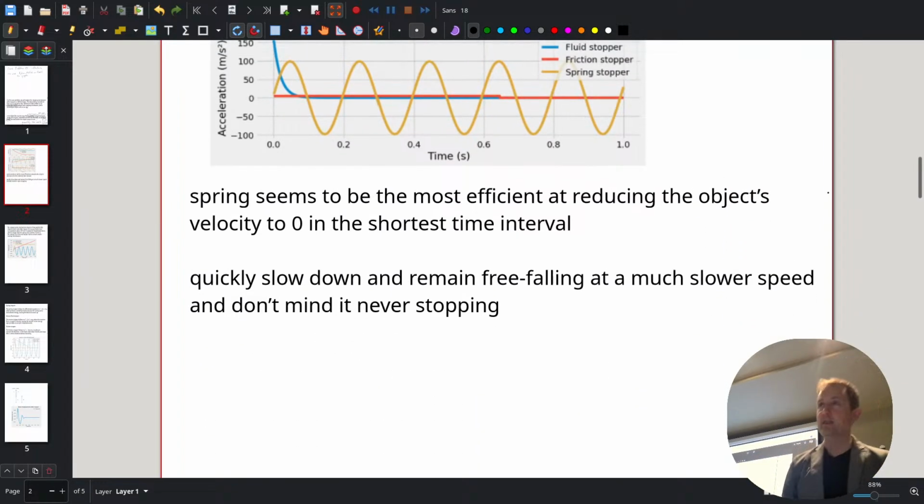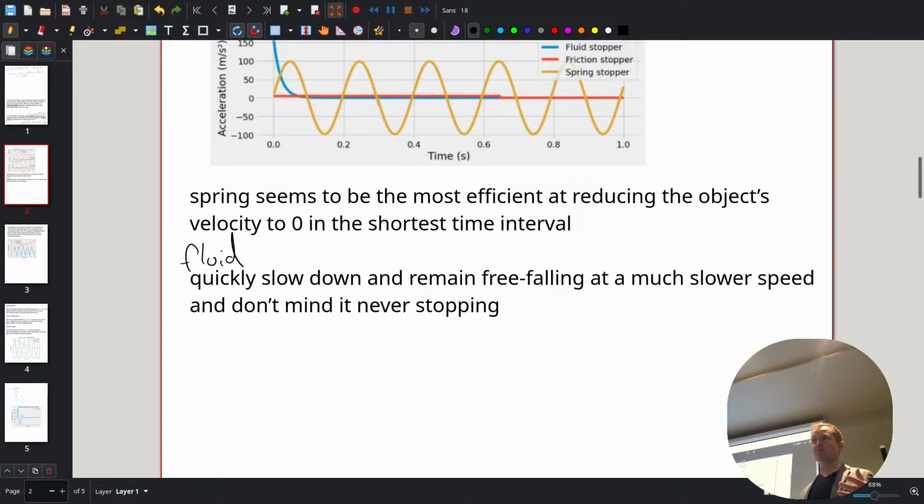All right, so then the wrap up, they said spring seems to be most efficient, reducing in the shortest time interval, and then quickly slow down, remain free falling at much slower speed. So again, as an engineer, you get paid for numbers. You've got to tell a story with numbers.